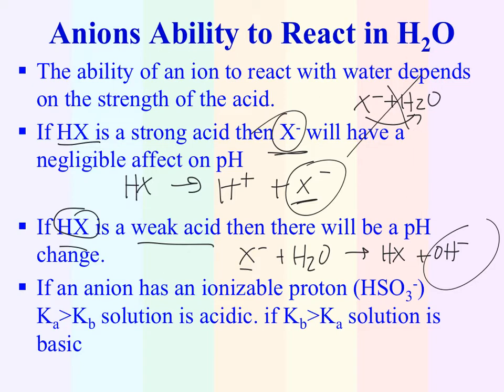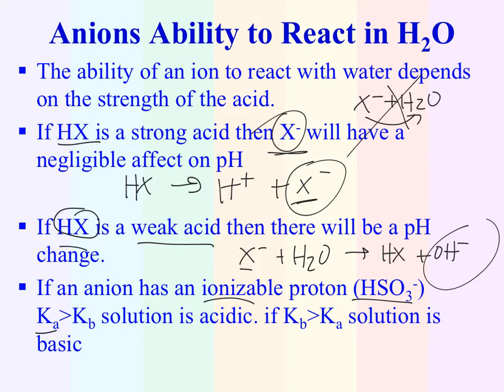Now, a complicated situation can sometimes arise when the anion produced still has an ionizable proton. Remember, we've talked about polyprotic acids. Some of the products that are produced are still able to ionize certain protons. Deciding whether the solution that contains these types of ions is going to be acidic or basic depends on the Ka and Kb values.